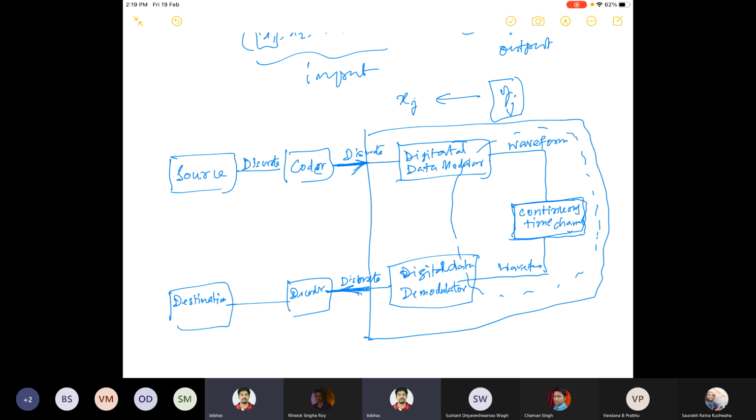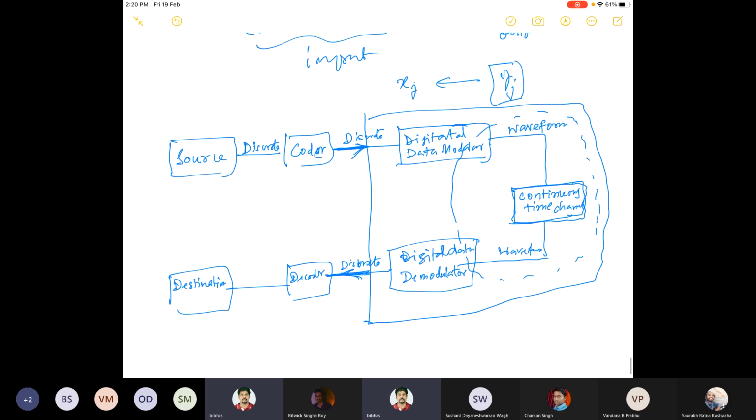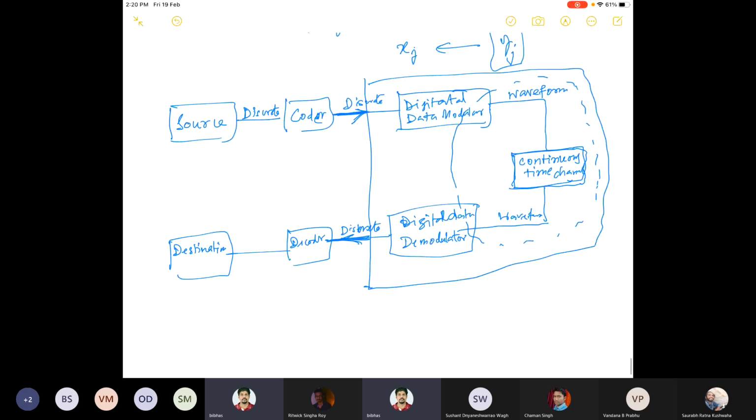Our focus is on this discrete part, so that's why we call it a discrete memoryless channel, because our input is discrete and our output is also discrete. We avoid this continuous time channel. A channel can be both discrete and continuous.